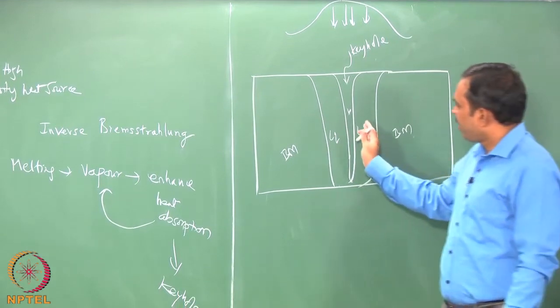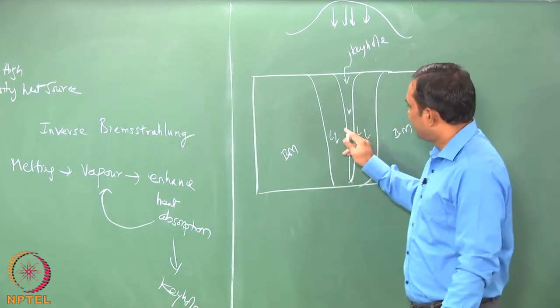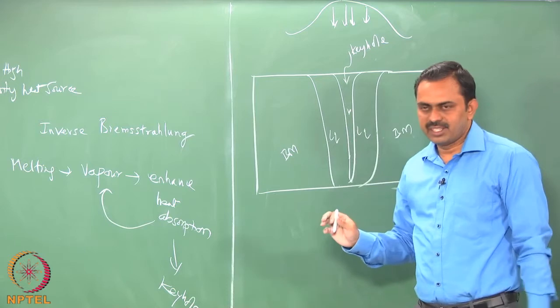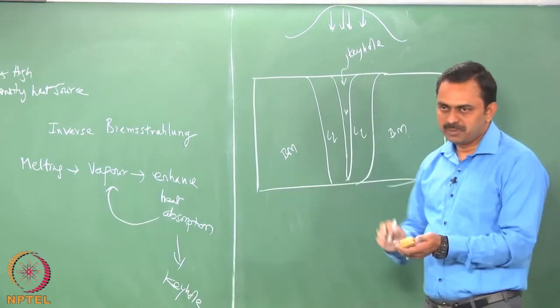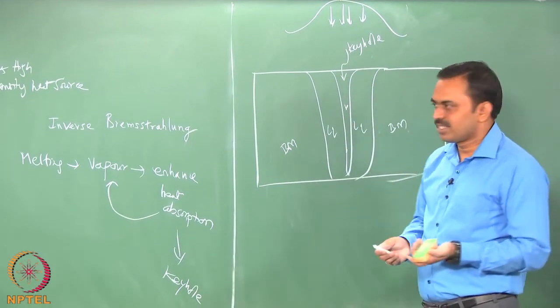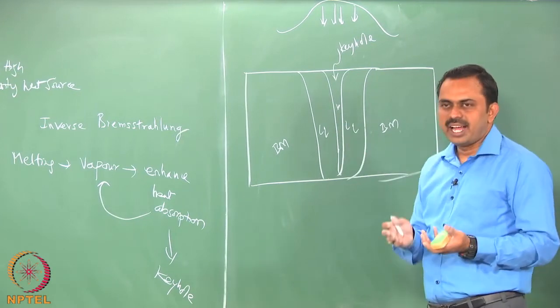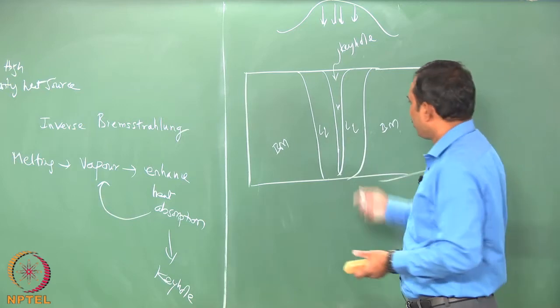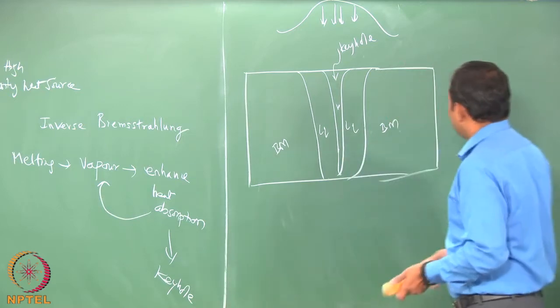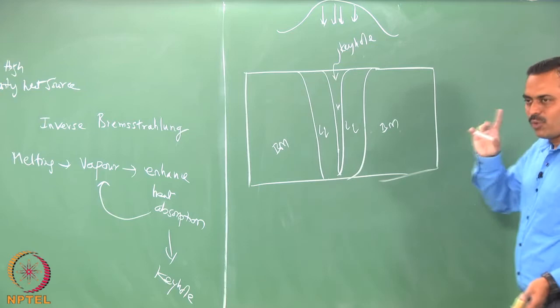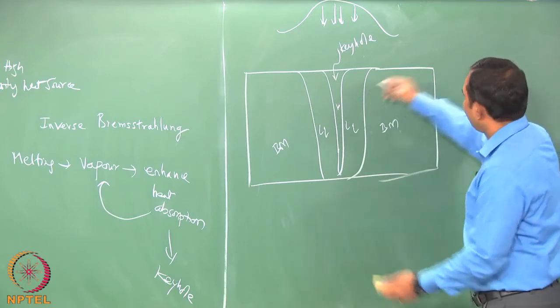So, now we have essentially created an extra surface which the liquid would like to close, and there must be opposing factors, some factors that are going to open up the keyhole and some that are going to close it. So, let us see what the various factors are, and I will just list them. One factor is ablation pressure.